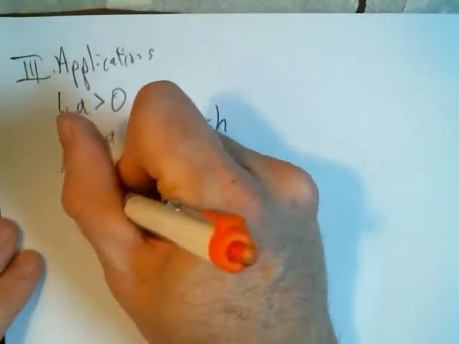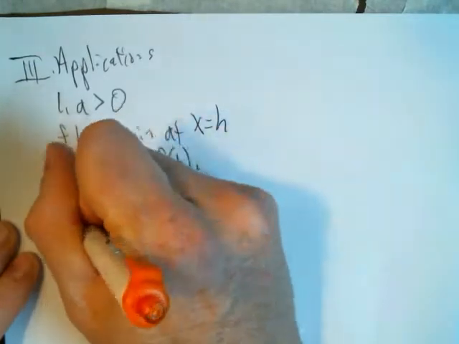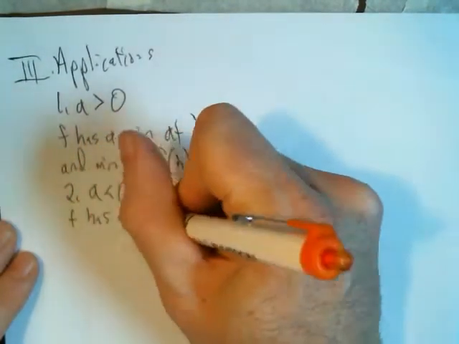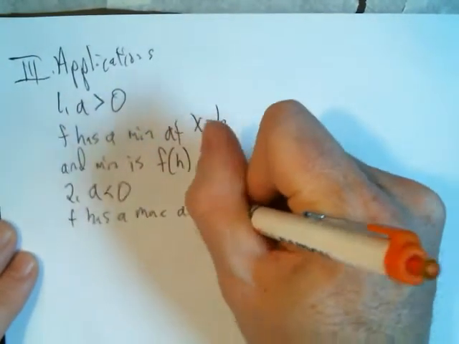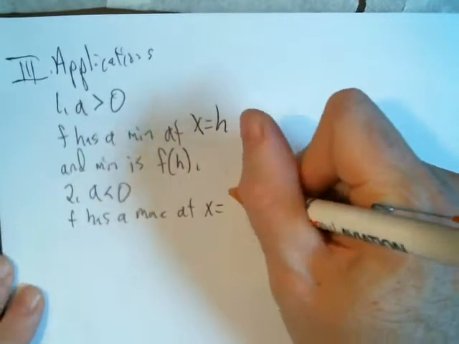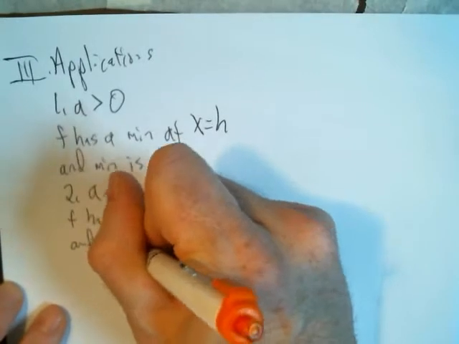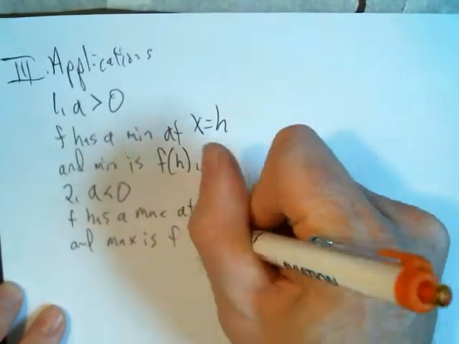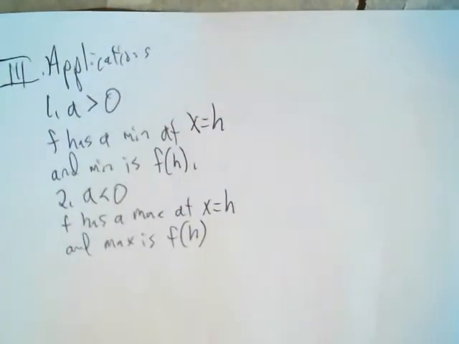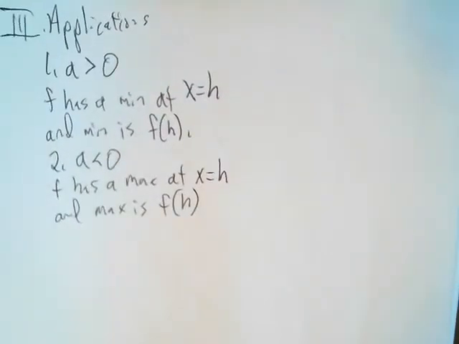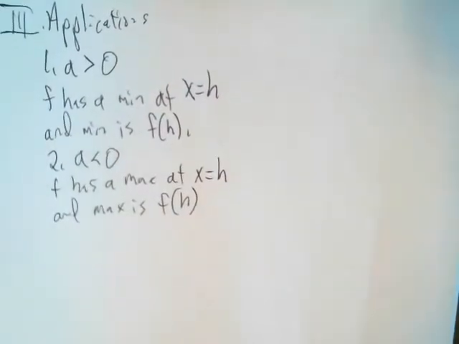Then secondly, if a is less than 0, then you'll say f has a max at the x coordinate h, and the max is the f of that x coordinate. Okay. So you have to be able to differentiate between the position and the actual value of the max. Where does it happen and what is it?